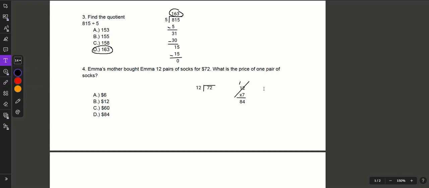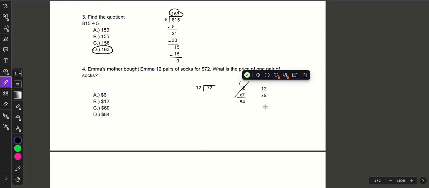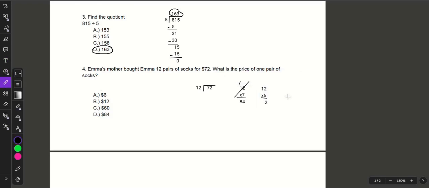So maybe it'll be 12 times 6, right? So do that. So 2 times 6 will equal 12. So let's put the 2 here, and then the 1 will go to tens place.